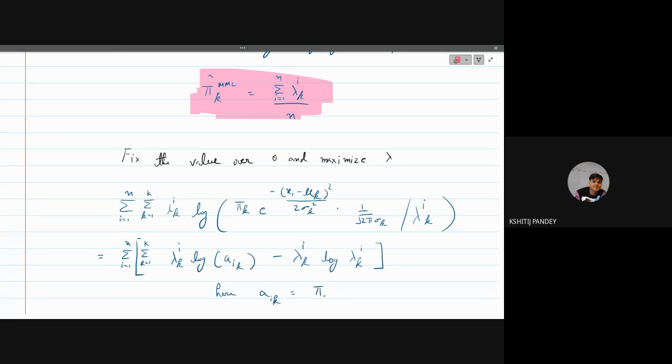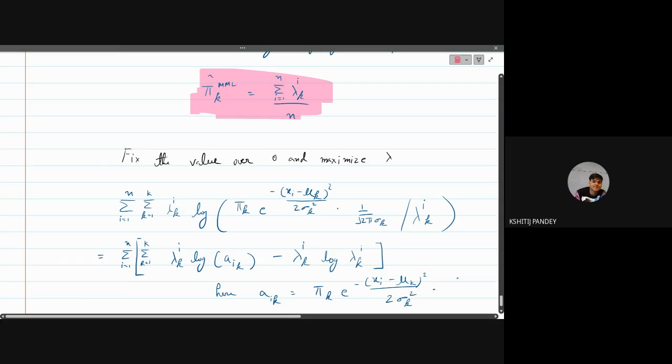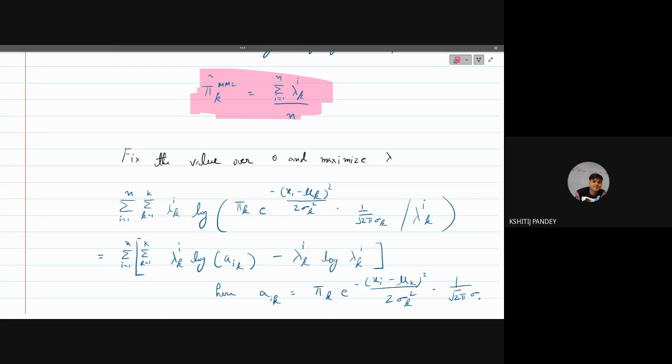So it is pi k e raised to the power minus (xi minus mu k) whole square divided by 2 sigma k square into 1 by root 2 pi into sigma k.